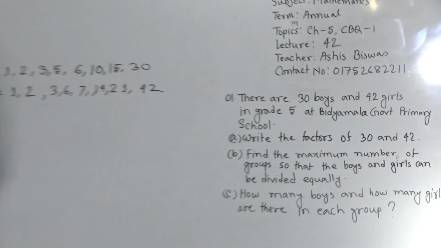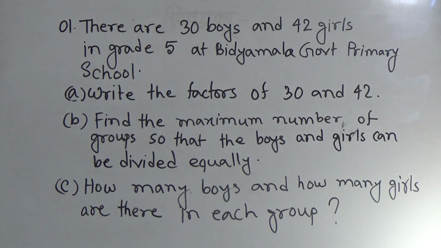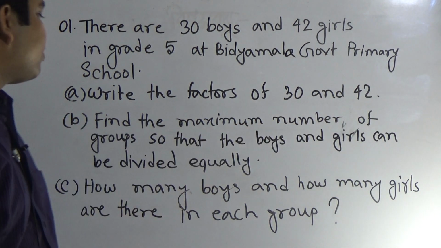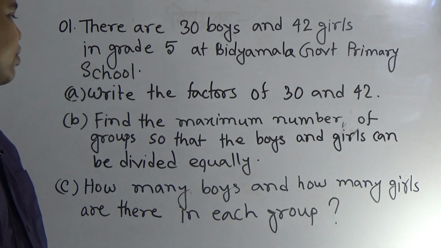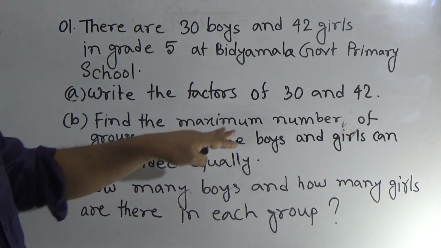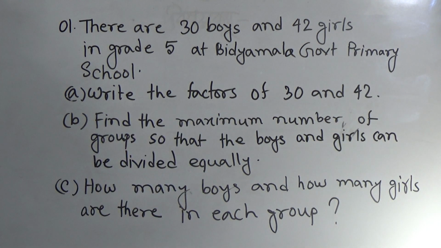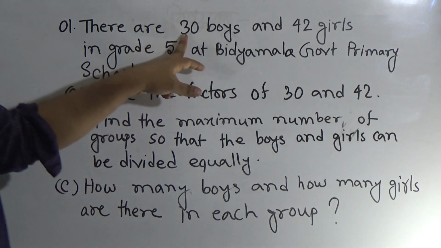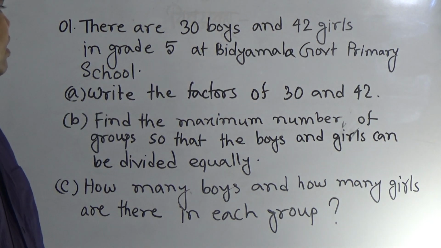In order to solve question number B, we erase question number A. Dear student, notice, find the maximum number of groups. If a question asks for the maximum number of groups, then that question's answer will be found by finding the HCF. Here 30 boys and 42 girls are in grade 5.